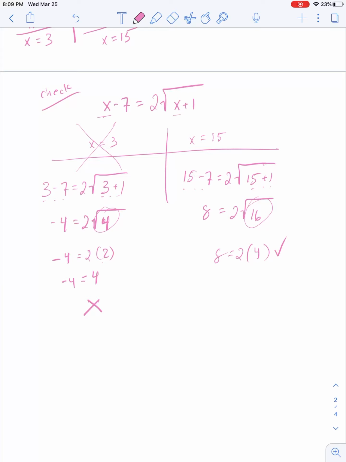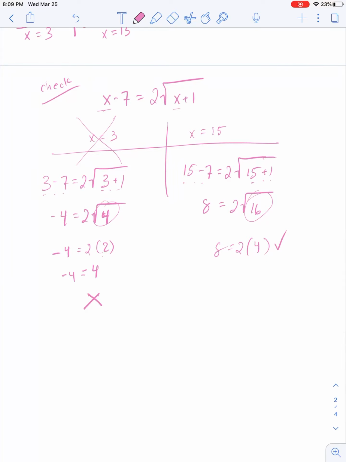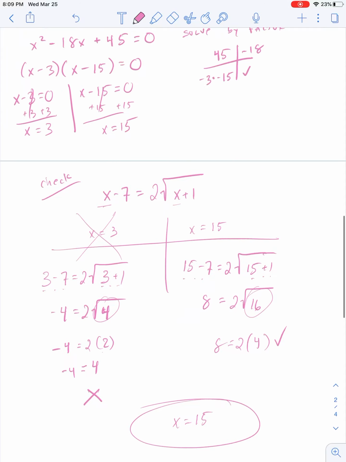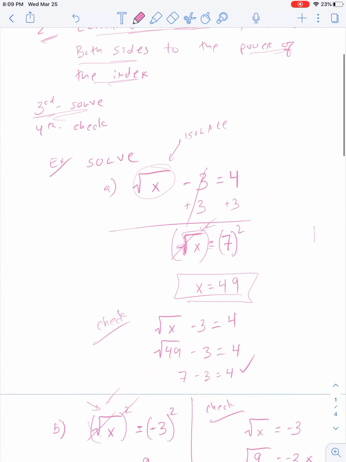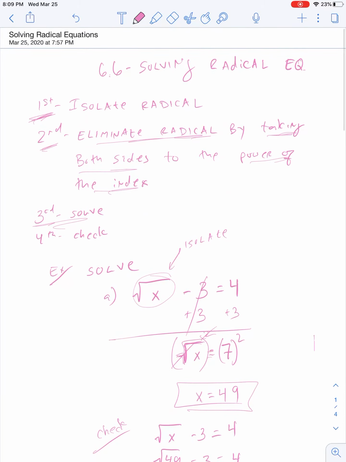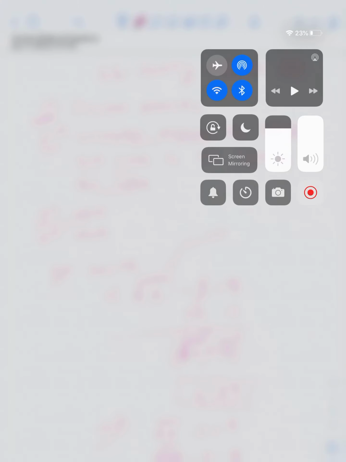And we see that this does work. So even though we got two answers, we see that only one of them is correct. All right, so very nice example there. And I'll go ahead and do another video with some more examples.